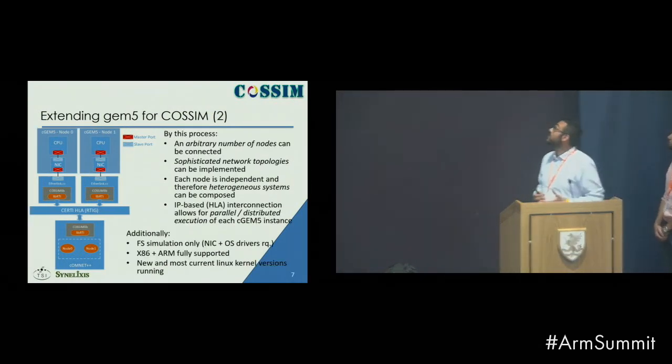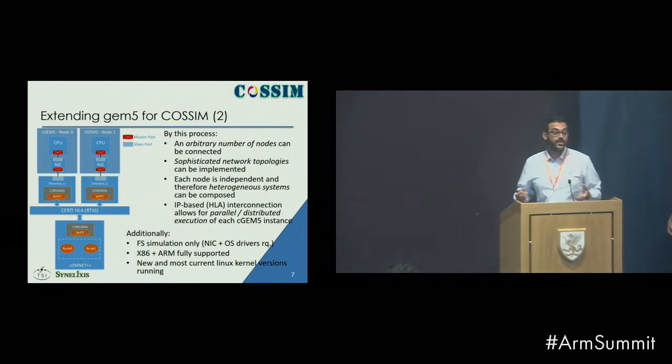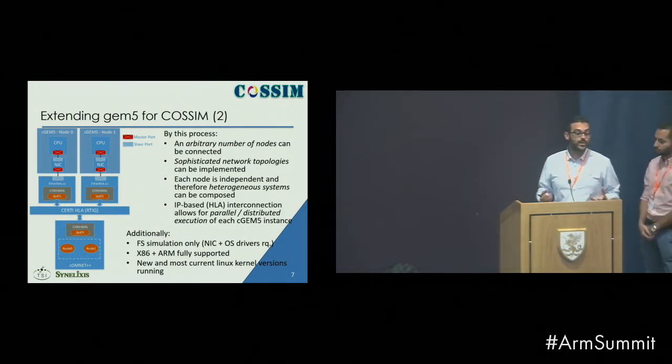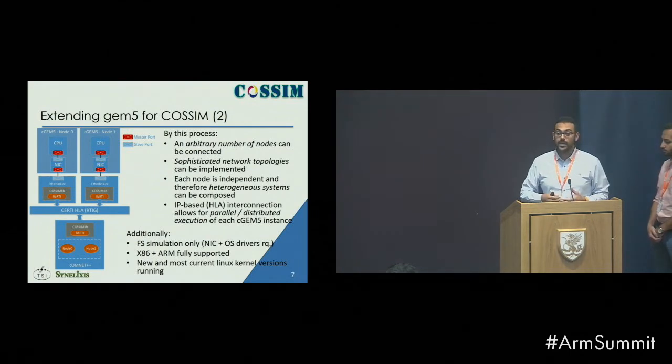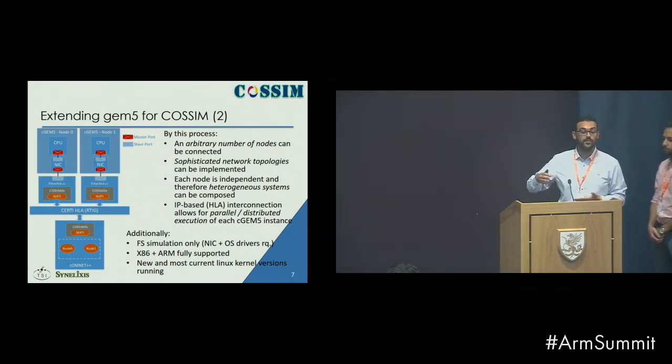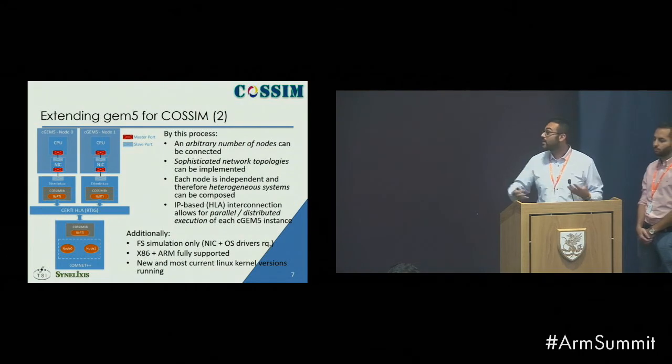By this process, we can have an arbitrary number of nodes connected with each other. We can have a sophisticated network topology, whatever we want. We can have routers, switches, multiple bridges, whatever we want.